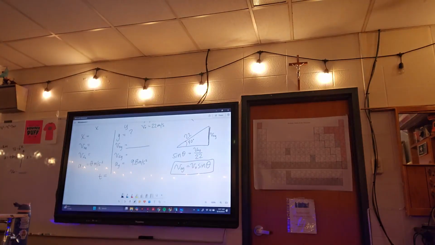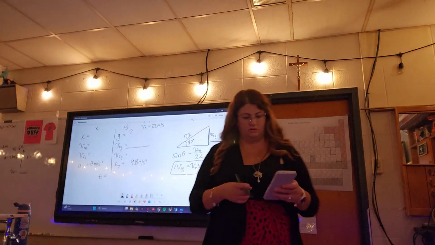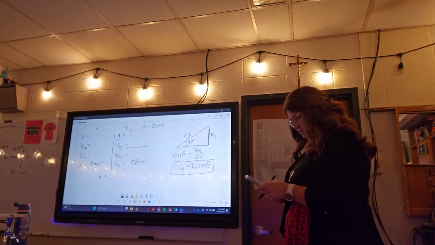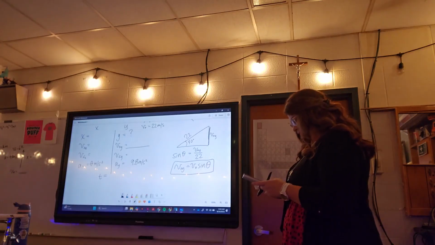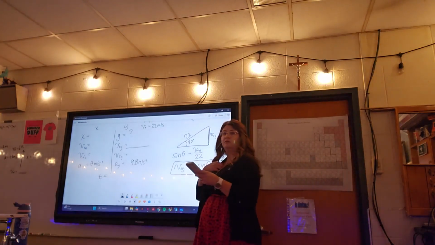We don't ever use radians in this class. So if you are in pre-calc or calc right now, you're going to have to change it every single time you go between classes. So 22 times the sine of 40, I got 14.1. Is that what you got as well?